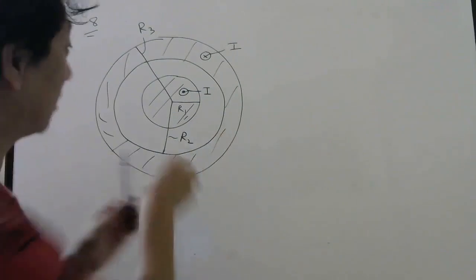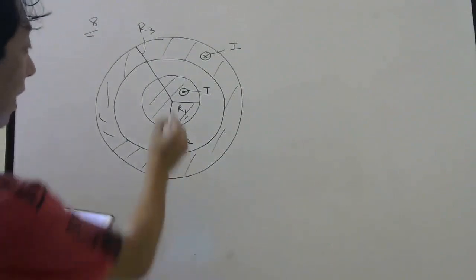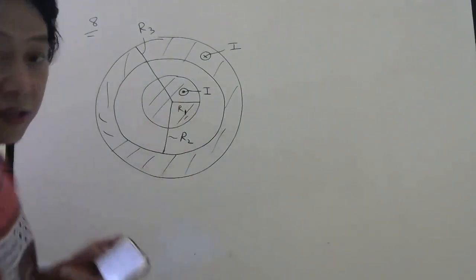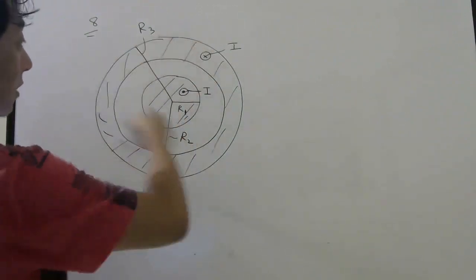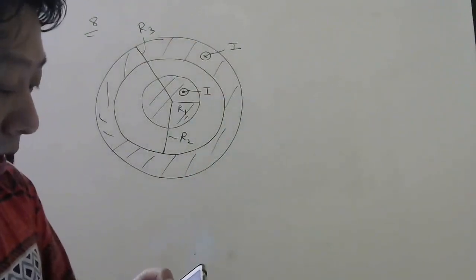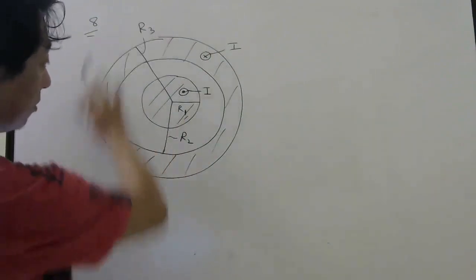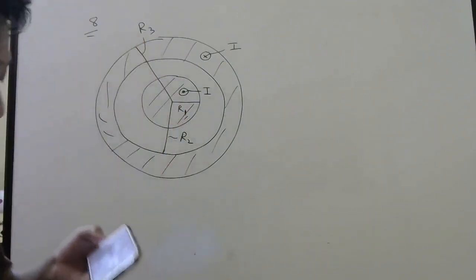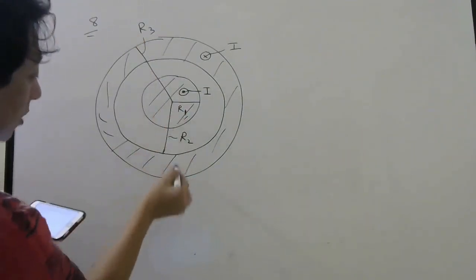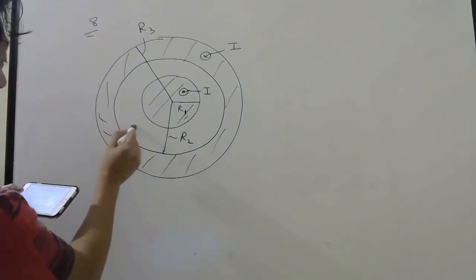The inner conductor is solid and has radius R1. The outer conductor is hollow, with inner radius R2 and outer radius R3. The space between the conductors is air.